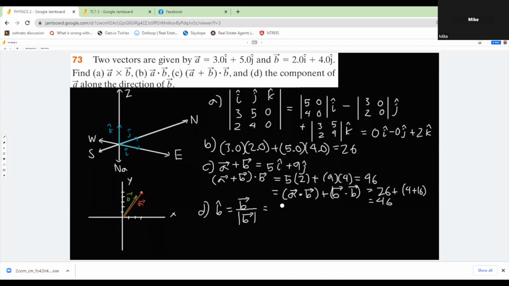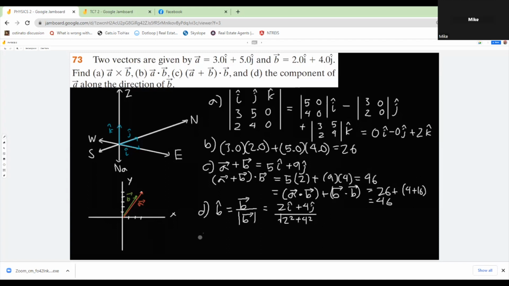So 3 times 2. Oh wait, no, sorry. 2 times 4 over... there's the magnitudes. A B hat over the square root of the magnitudes.